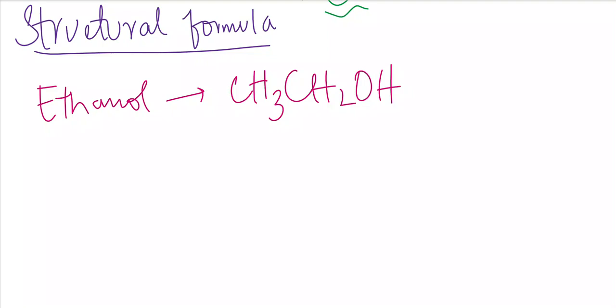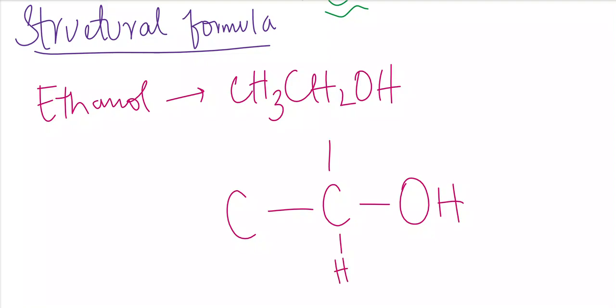This is the molecular formula, and the structural formula for this one will be, as we have one carbon and another carbon, and with this carbon we have a functional group that is OH, the hydroxyl group. This carbon contains two hydrogen atoms, as you can see here, and this carbon contains three hydrogen atoms. So this is the structural formula of an organic compound.